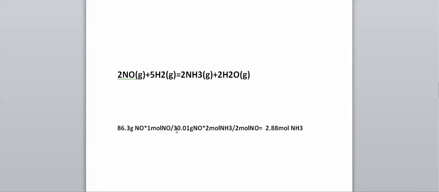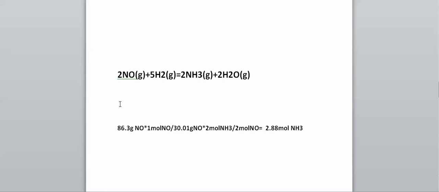The molar mass of nitrogen monoxide is 30.01 grams per mole, and since we want to get rid of the grams and get it in moles, we put 1 mole of nitrogen monoxide over 30.01 grams of nitrogen monoxide. So the grams would cancel out, and then we're left with the amount of nitrogen monoxide in moles. But we want to get NH3, the product.